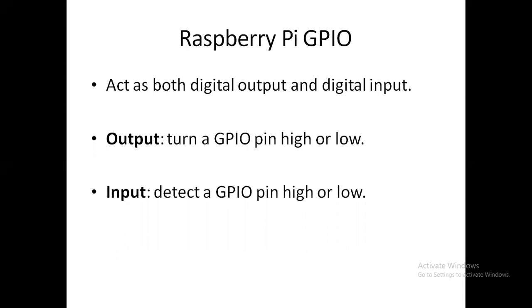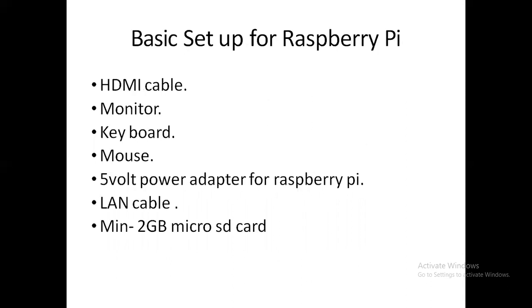These pins can be a bit confusing, so I have included a chart describing the pin configurations. These two pins are 5-volt power pins, and the black one is the ground pin, and the remaining are GPIO, which are input output pins.